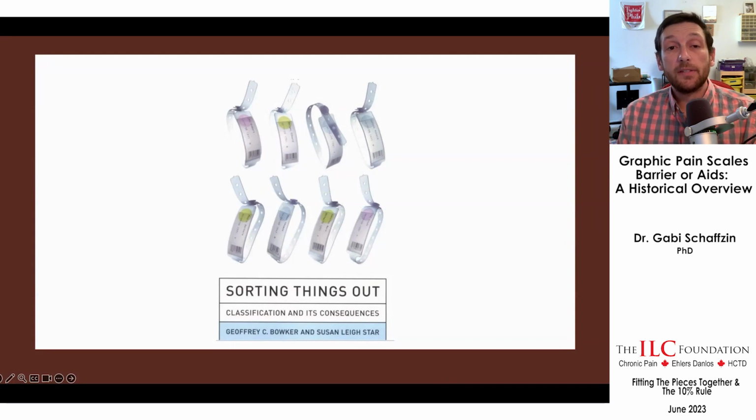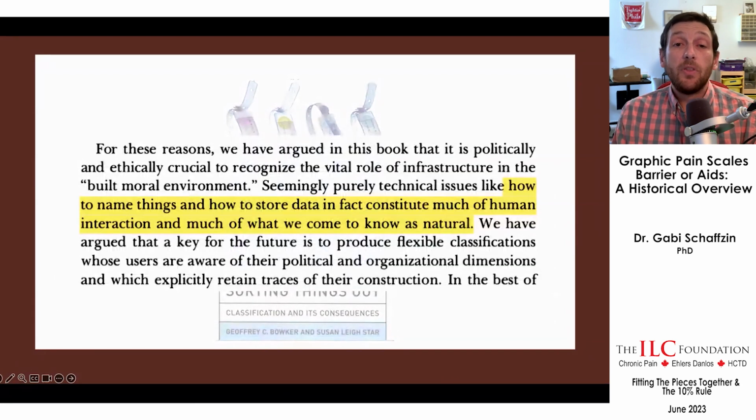Writing in Sorting Things Out, the two used classificatory systems developed during the middle of the 20th century as case studies to argue that, while to classify is human, the resulting systems must be contextualized in the emergence of advanced information technologies. How to name things and how to store data, they write, in fact constitute much of human interaction and much of what we come to know as natural.